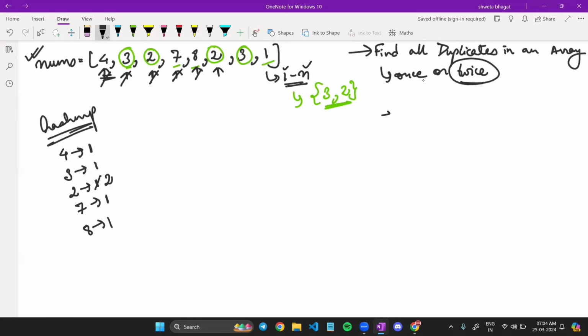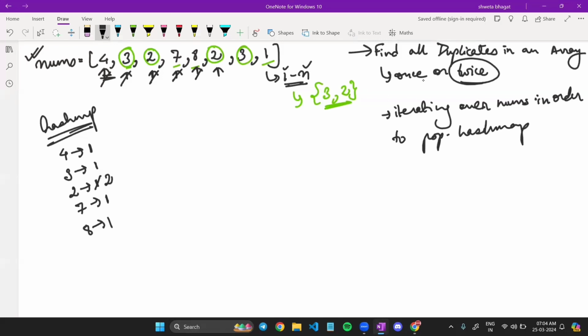Now, what we were doing is iterating over nums in order to populate the hash map, correct? And in the hash map, we are storing the frequency of each of the elements. While populating this frequency, we'll add a check.